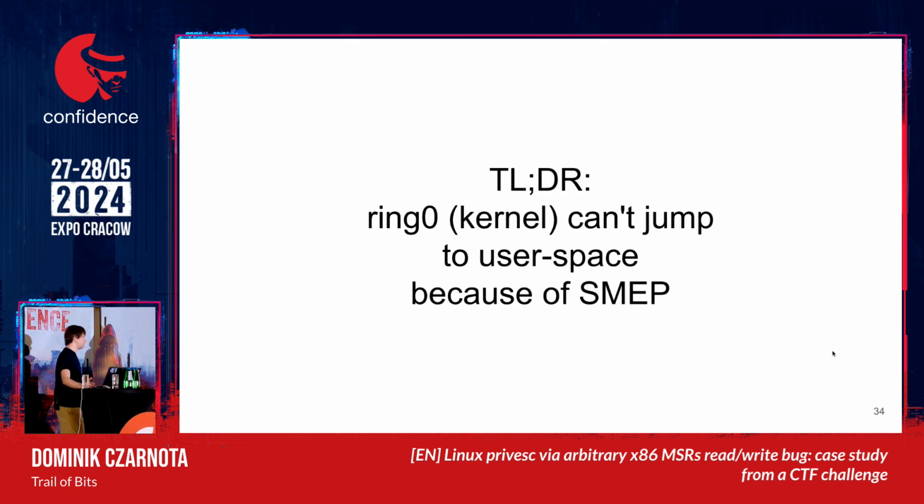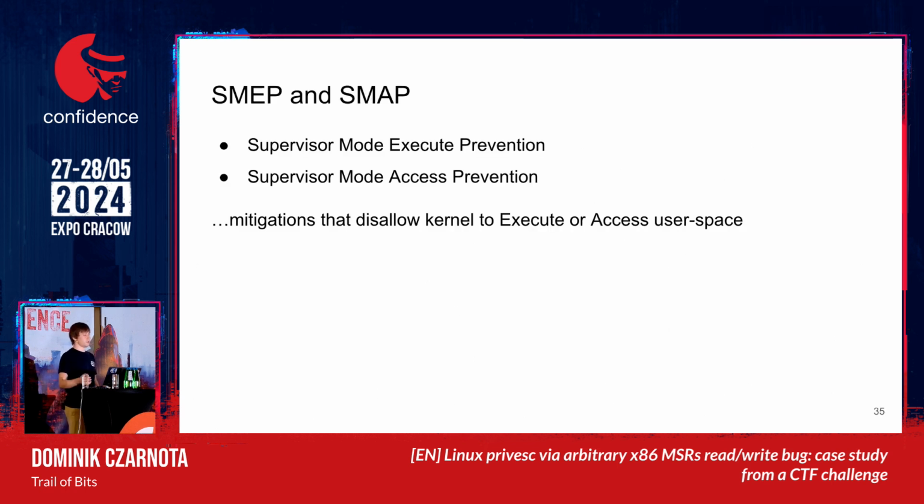because the kernel can't really jump to user space code because of a thing called SMEP, and this is supervisor mode execution prevention. And there's another one called SMAP, supervisor mode access prevention. And those two are mitigations that disallow the kernel to execute or access the memory of our programs. Why is it there?